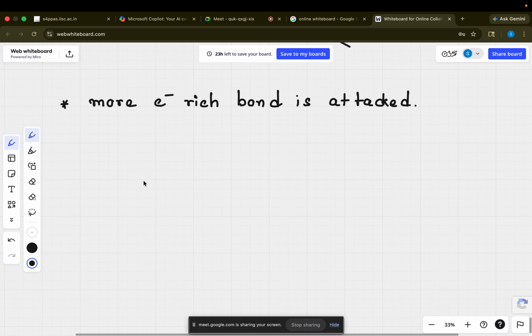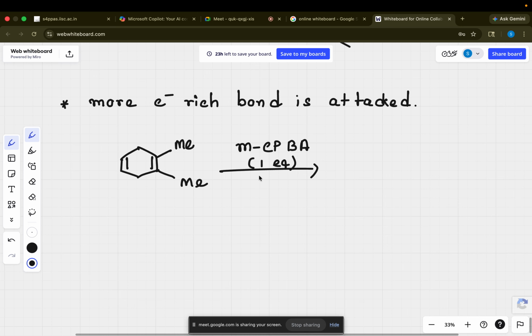Okay, so suppose I have this molecule. Here I am using mCPBA, 1 equivalent, DCM is the solvent. What will be the product?